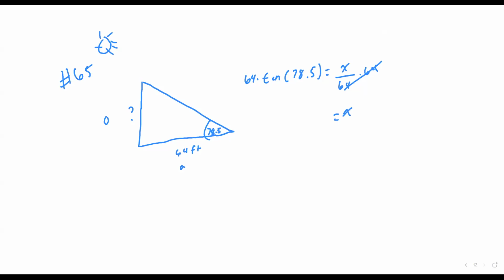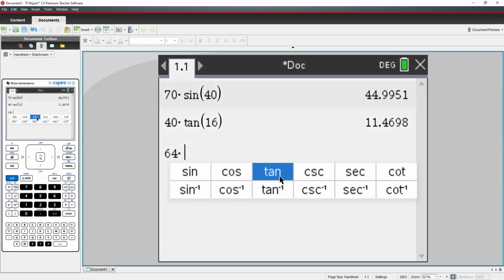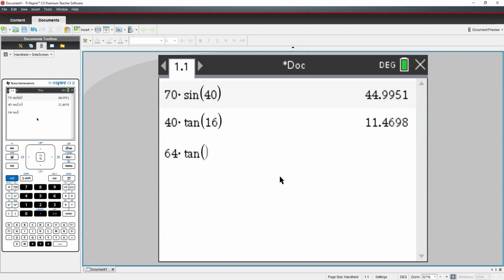So that's going to be 64 times the tangent of 78.5, and that tells us our tower is 314.57 feet.